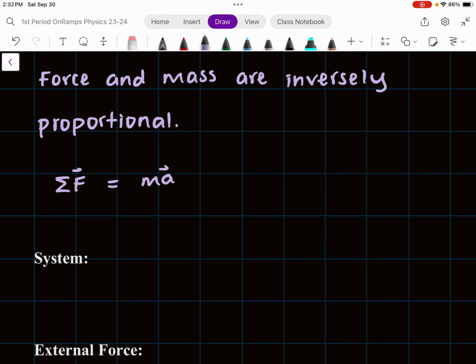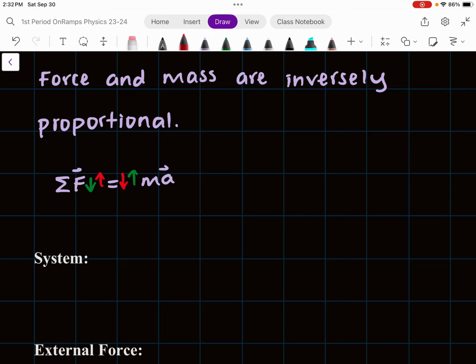Okay. So if the mass goes up, the force has to go down. Okay. If the mass goes down, the force has to go up. So if one goes up, the other one goes down. If one goes down, the other one has to go up mathematically.